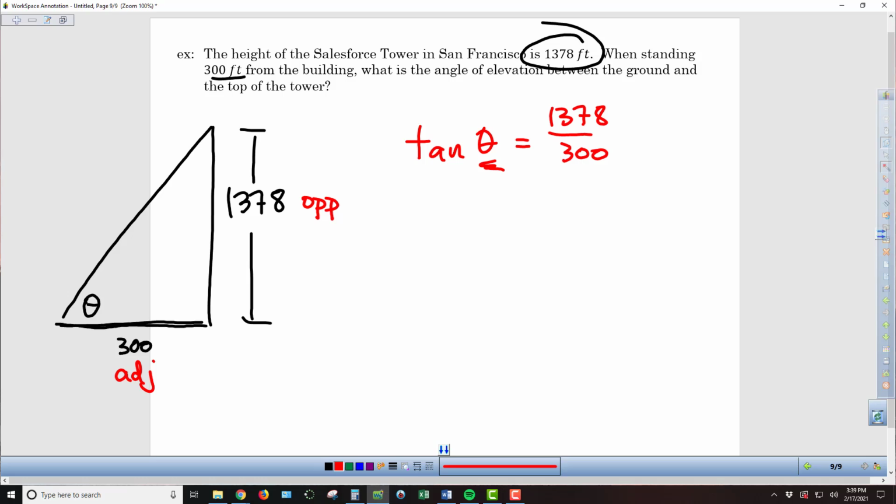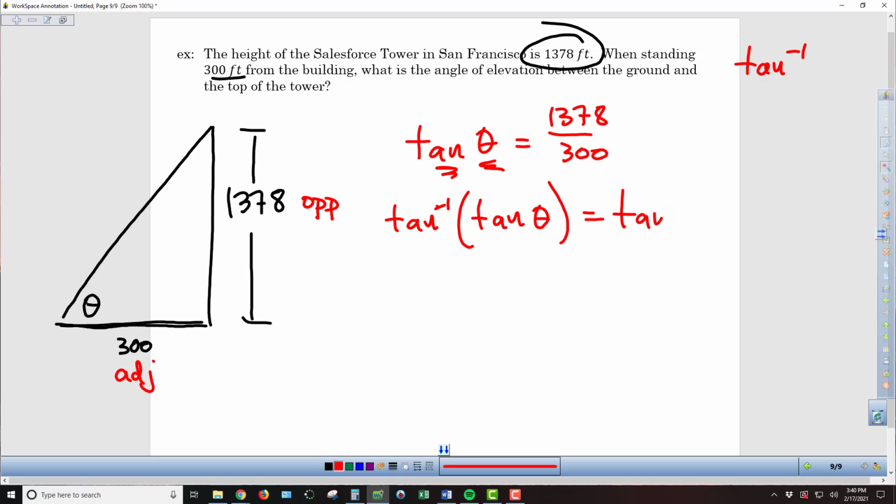So I'm not going to divide both sides by tangent, but I have to undo that tangent to get that theta by itself. So what we use, if you look on your calculator, the second function of the tangent button is a little tangent -1. And so that's the operation that we're going to use to undo the tangent. So I'm going to do the inverse tangent of both sides of my equation.